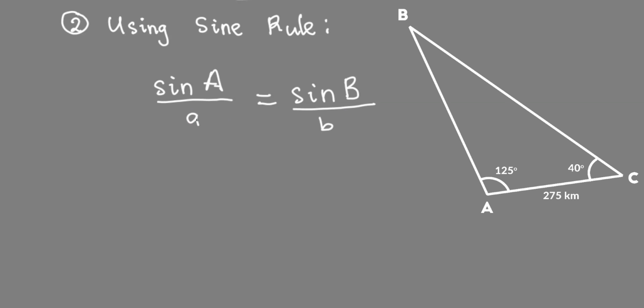When finding a, since these two sides of the equal sign are both fractions and they are related by multiplication, we can easily swap the diagonal parts of this equation. So we can swap this b and this sin A, meaning this b can be on top of this a and this sin A can come below here. Nothing changes.